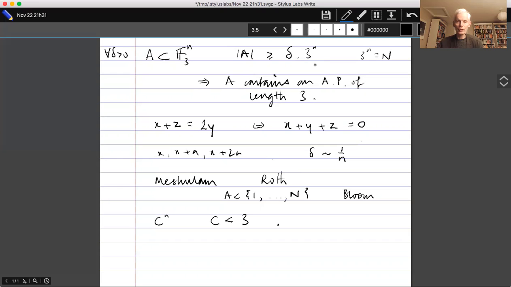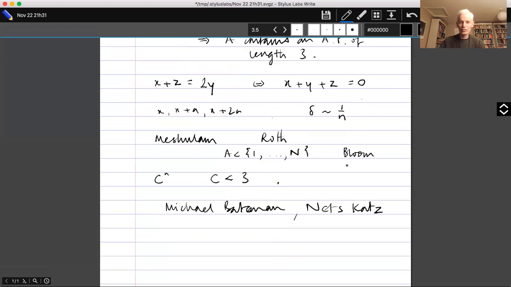There was one small but very interesting and difficult piece of progress due to Michael Bateman and Nets Katz, which improved this 1 over n to 1 over n to the 1 plus c for some positive c, which was very small, something like 1 over 10,000 or something.